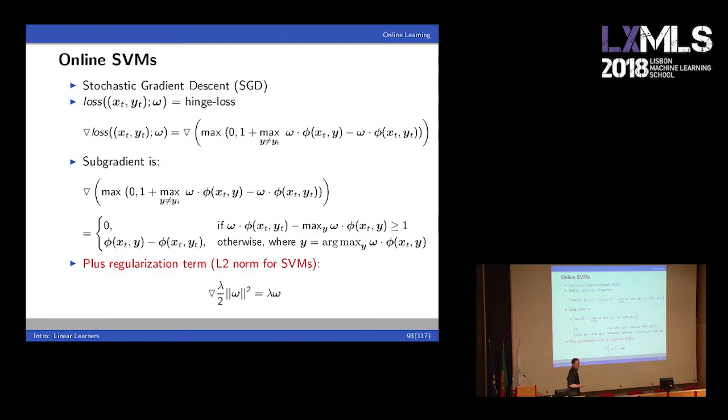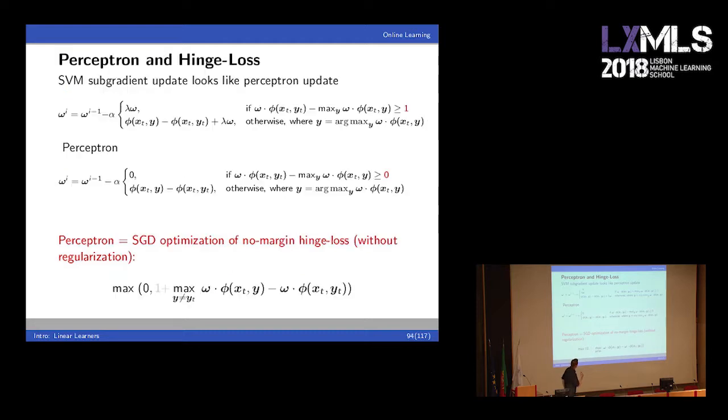Most neural networks are optimized by stochastic gradient descent in the same way as we optimize logistic regression and support vector machines, and this is the connection between perceptron and support vector machine. As we heard before, the perceptron is stochastic gradient descent optimization for a hinge loss objective without margin.